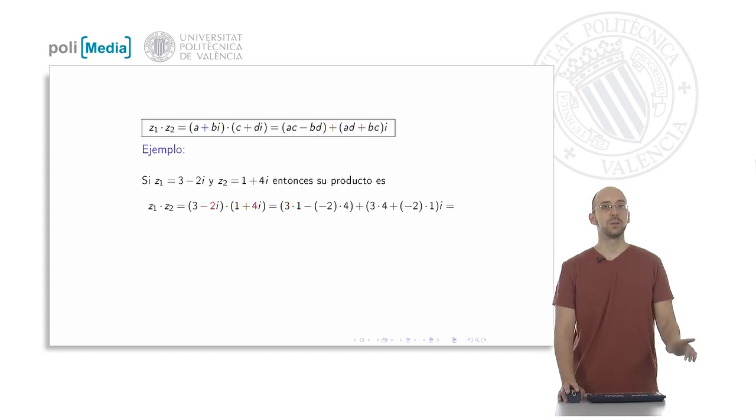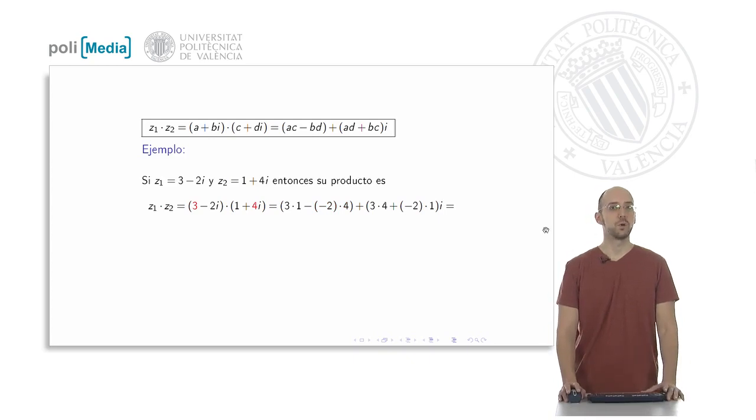Then we multiply the imaginary parts and change sign. Then come the crossed products for the imaginary part: 3 times 4, and minus 2 times 1, all with the number i. Then it is simply a matter of solving these quite simple calculations and simplifying. The final result is 11 plus 10i.